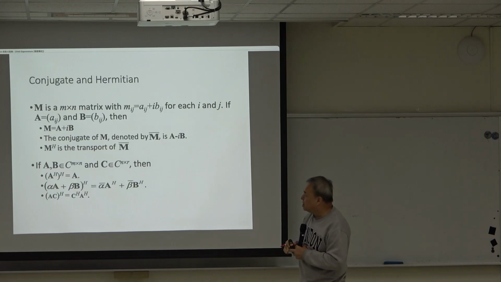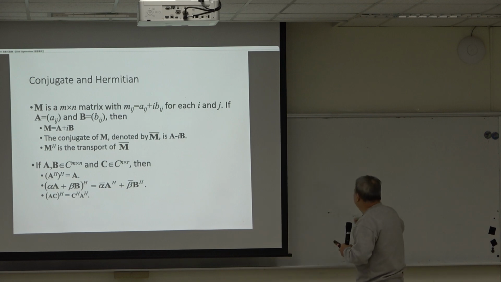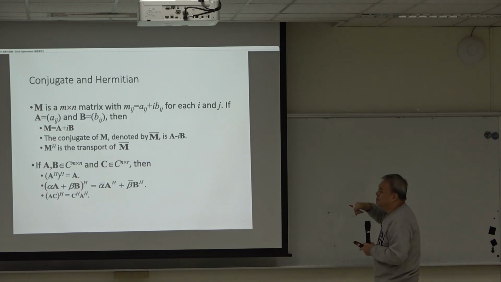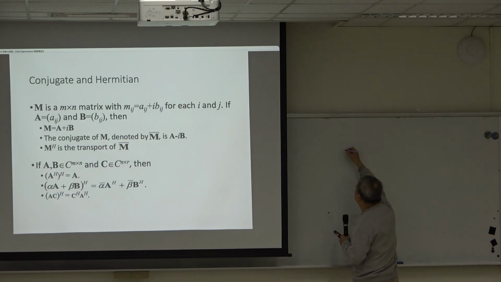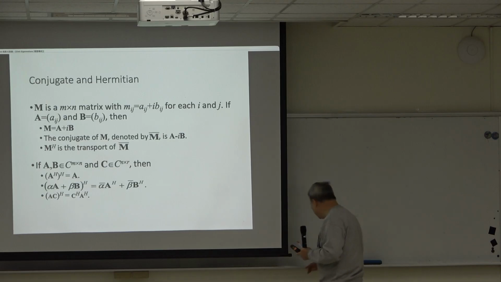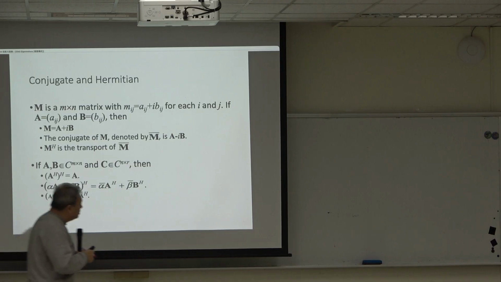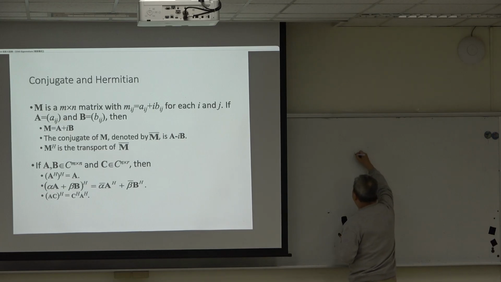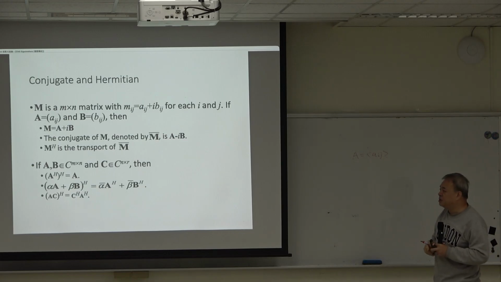For example, A Hermitian Hermitian is A. We know A has entries a_ij. What is A Hermitian?